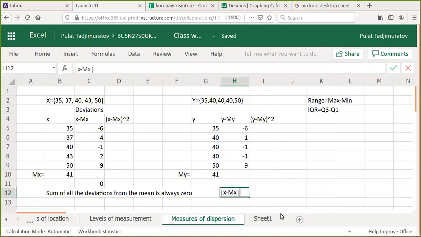We can use absolute values or modules. However, it will be more convenient for us to instead do this.